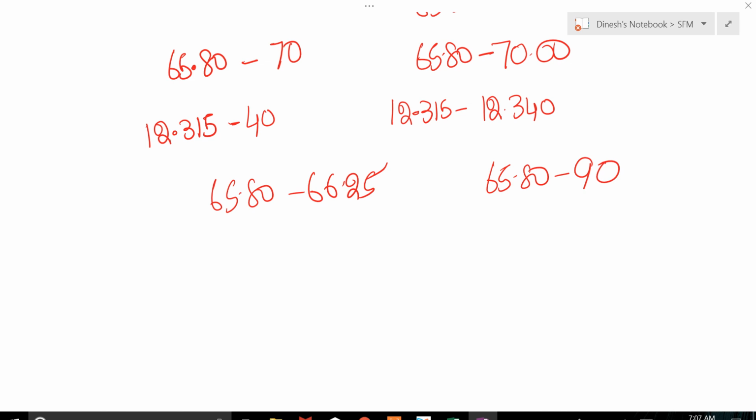If you give me that, I am okay with it. Otherwise, this pips analysis may come into the picture. Clear? Any doubts on this? So 12.315/40 is 12.315/12.340. Any doubts on this?